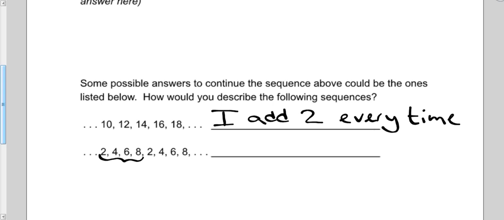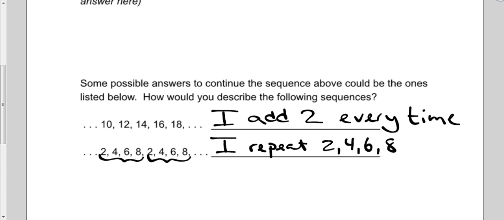It looks like I am just repeating the same sequence every time. It started 2, 4, 6, 8, and then I circled back and repeated 2, 4, 6, 8, and then I did it one more time right there. So my rule is I repeat 2, 4, 6, 8, okay?